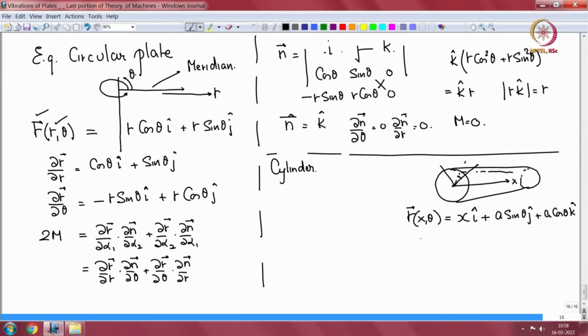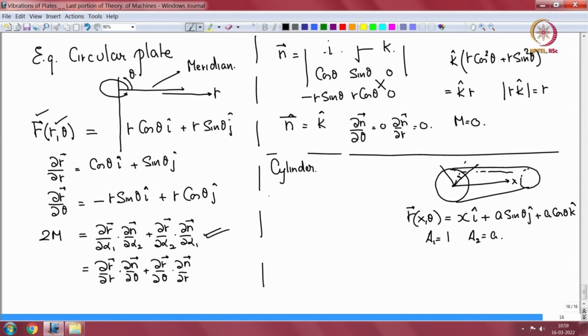Okay, then a1 was equal to 1 and a2 was equal to a. Okay, so now I have to check this part out, m is 0 or not.